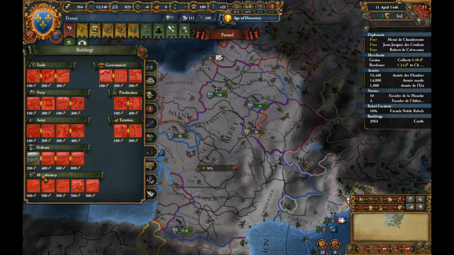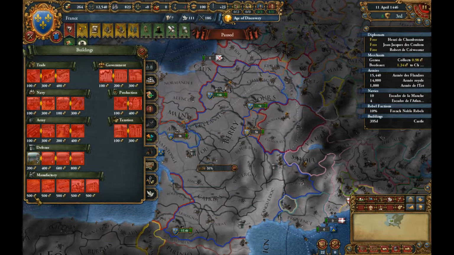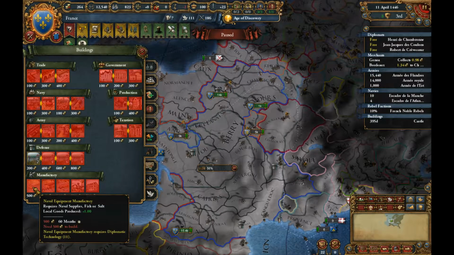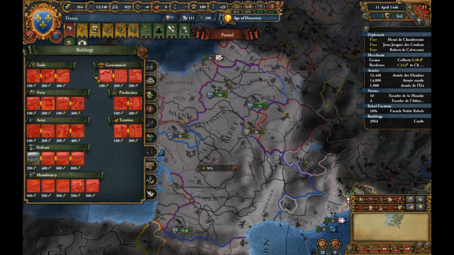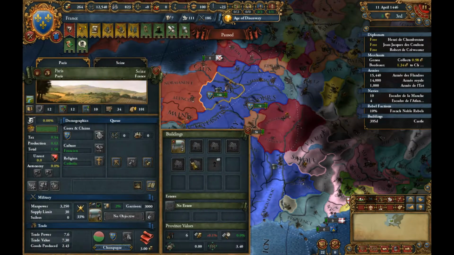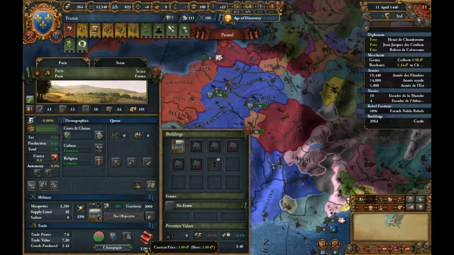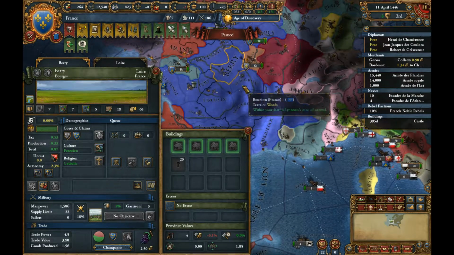Next thing, very important to raise economy, are your manufactories. They are quite expensive with 500 ducats, and they take quite long to build, namely 5 years, but they increase the local goods produced, especially goods that have quite a high price, as for example cloth, with a base price of 3.